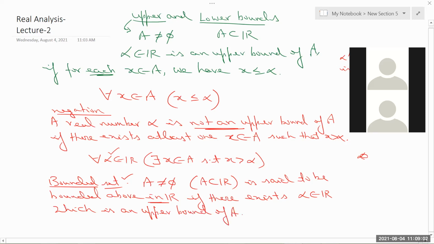That is, if there exists alpha belongs to R such that for each x belonging to A, we have x less than equal to alpha.